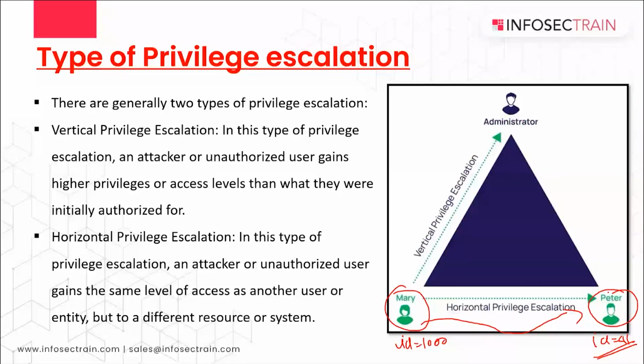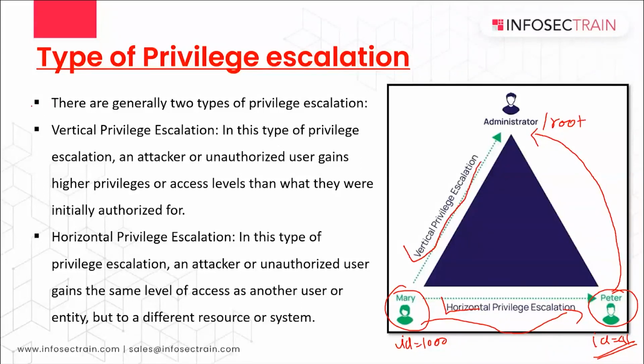Then you get yourself access as the administrator or root. When you go and get access to another account, like Peter's account, that is called horizontal privilege escalation. And when you got root, that is called vertical privilege escalation, right?